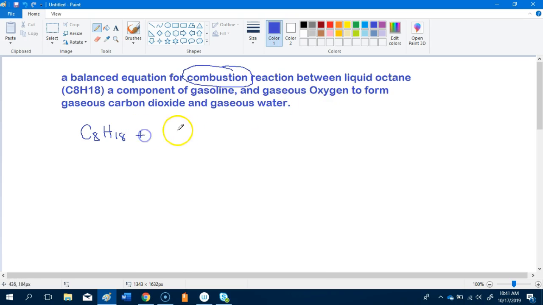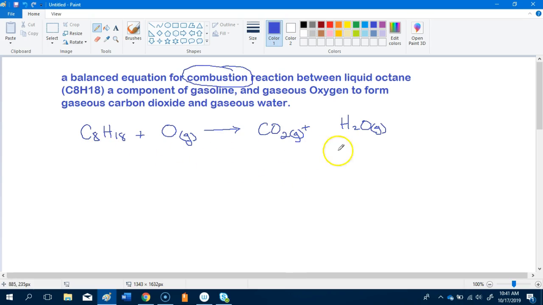So we're going to be adding oxygen, and that becomes gaseous carbon dioxide, so CO2, plus gaseous water, H2O. So I can put a G behind all of these to show that they're gaseous.